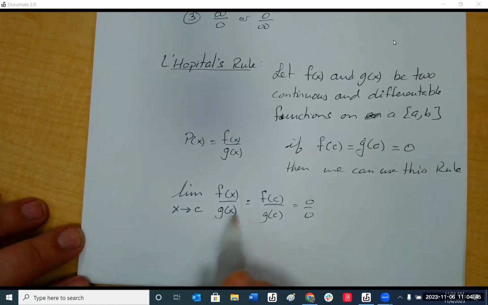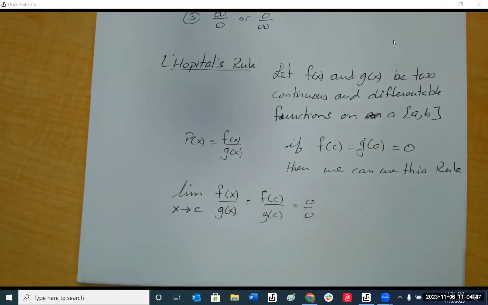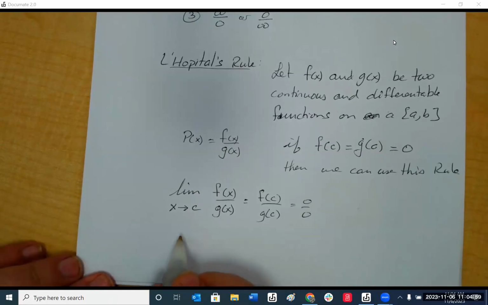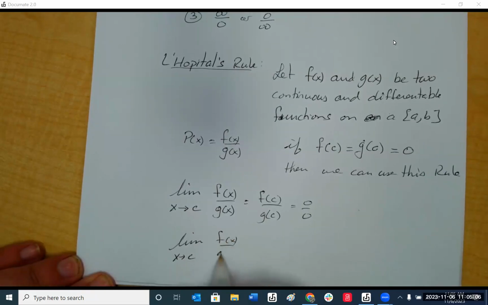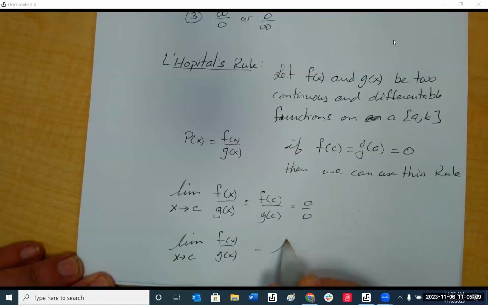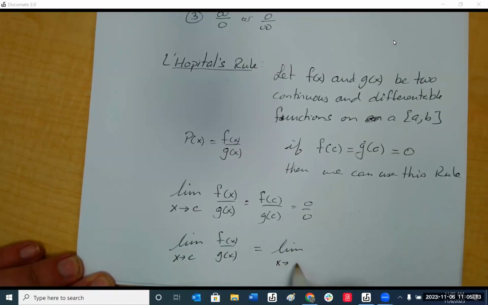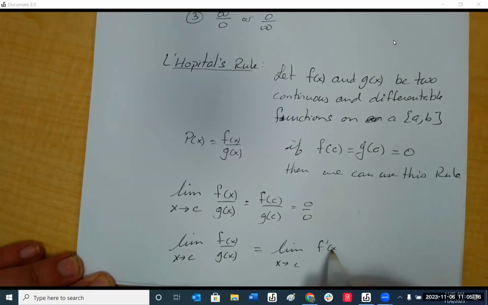What L'Hopital's rule says: if we have 0 over 0, that means there's something in common with both of those functions, and in algebra at the beginning of the semester we could algebraically remove it. But what this is saying is that as x approaches c of f of x over g of x, we can take the derivatives of both the top and the bottom separately.